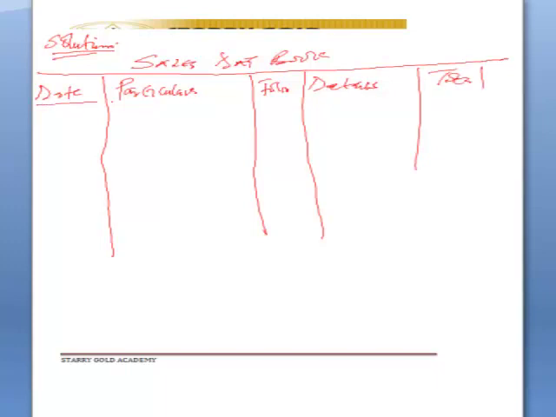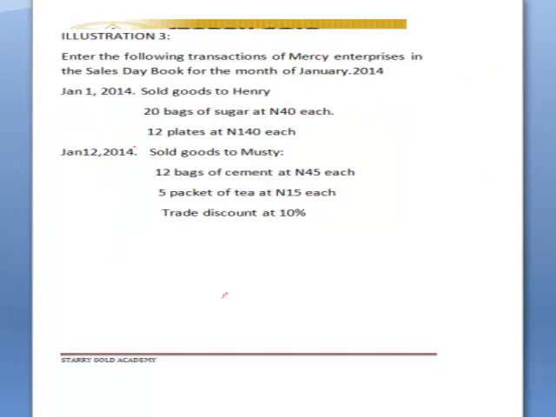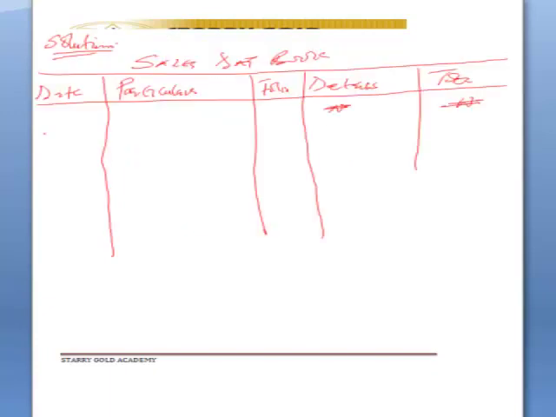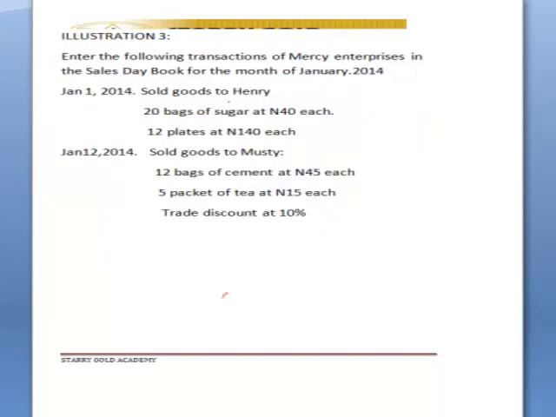So the date is January 1st, 2014. The first transaction there is Henry.